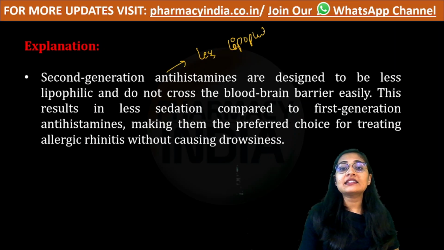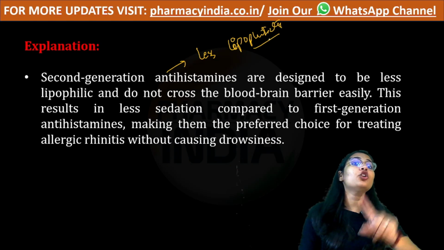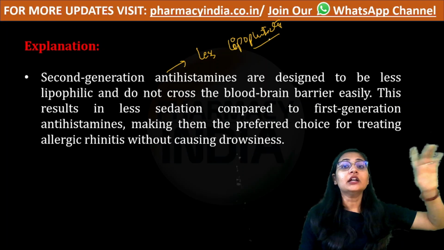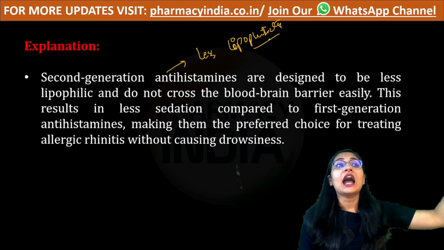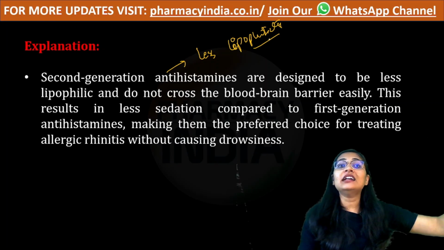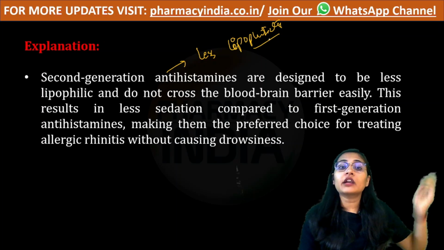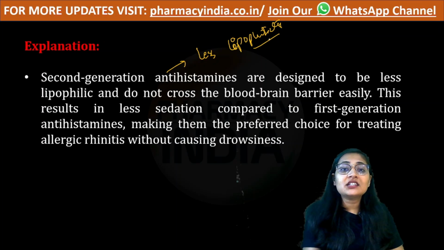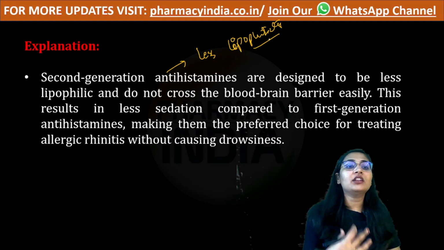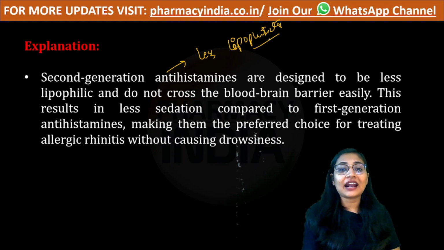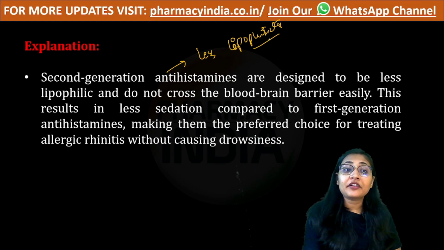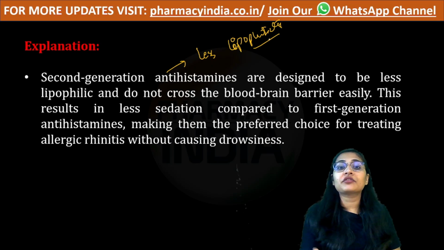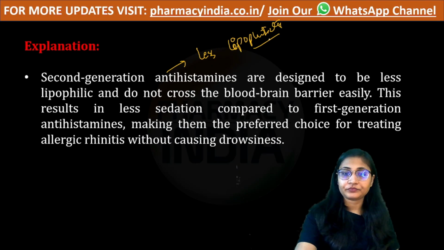As these are less lipophilic, they would not cross the blood-brain barrier. They would not reach the brain, and if they do not reach the brain, then the drowsiness effect gets reduced ultimately. So the advanced version of the treatment of the patient with allergic rhinitis is that you can treat the patient with second generation antihistamines.